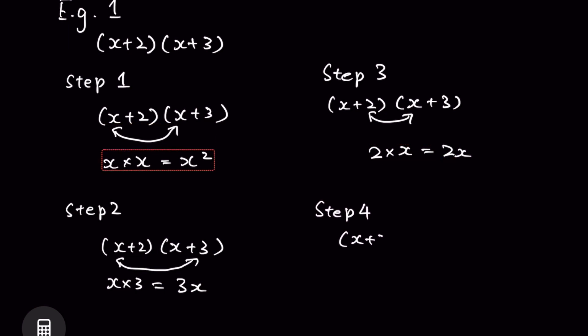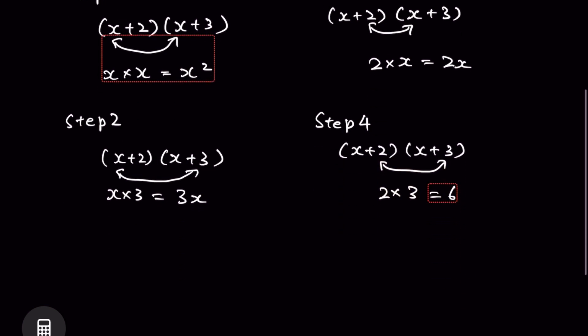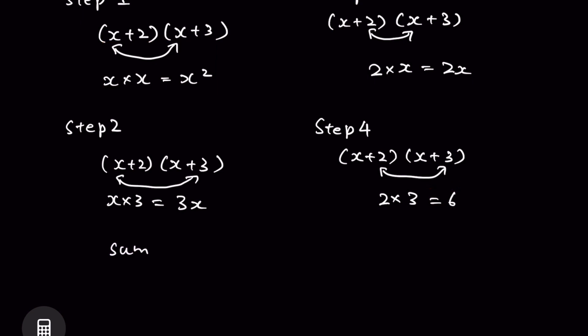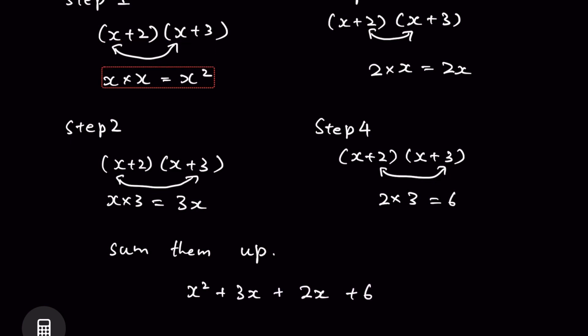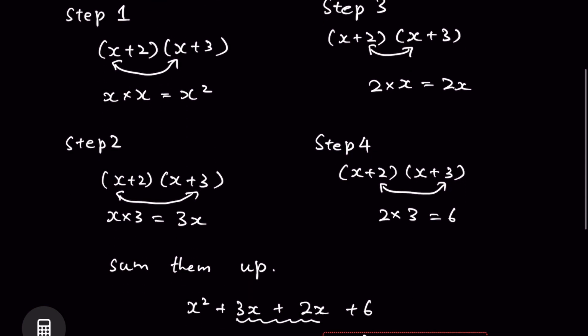And finally, we multiply 2 times 3, so we get 6. Now we need to add them up: x squared plus 3x plus 2x plus 6. And we can simplify the middle terms, and we get x squared plus 5x plus 6.